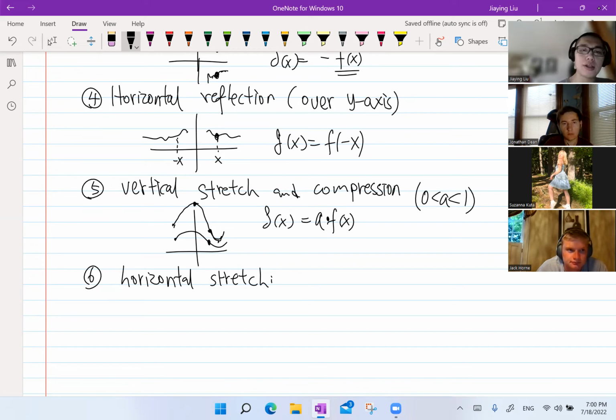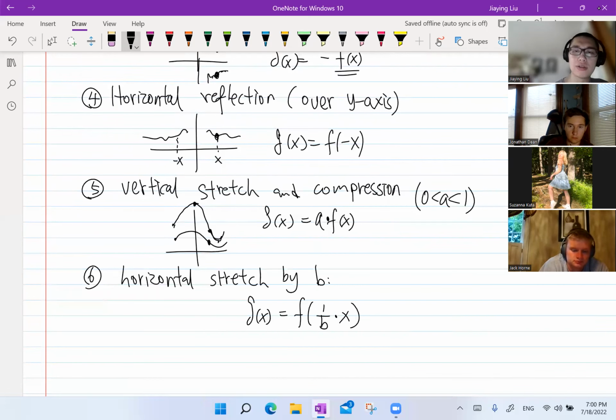It's not like the actual graph will be stretched; all the x values will be multiplied by a factor. But when we write down the formula for g of x, horizontal stretch by b is actually f of 1 over b times x. Actually, the reciprocal is in the formula.